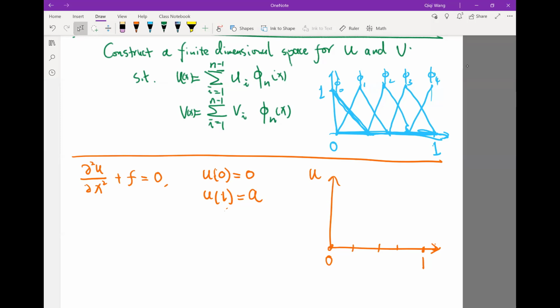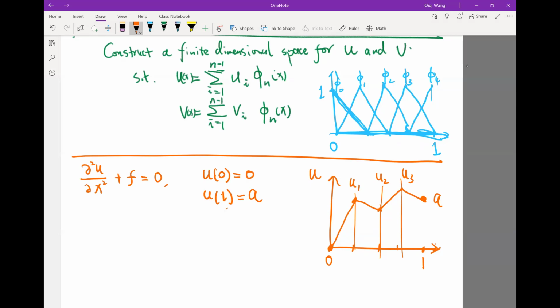You would take the value of 0 at the left-hand side and the value of whatever a is on the right side. But in between, it can still take unknown values, and it's piecewise linear. We know the value of u at 0 is 0. At the first grid point inside the domain it takes an unknown value u1, here an unknown value u2, an unknown value u3, and the known value of a on the right side.